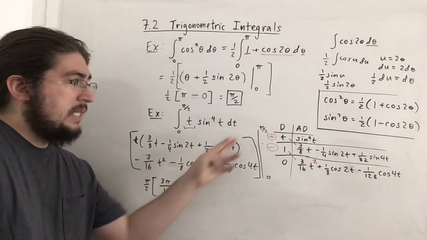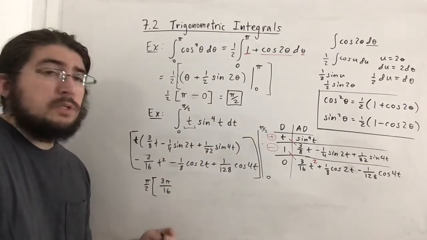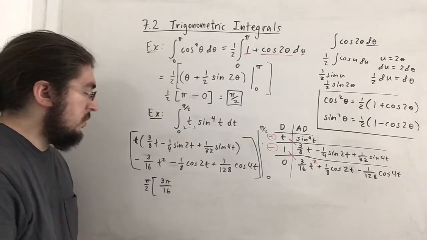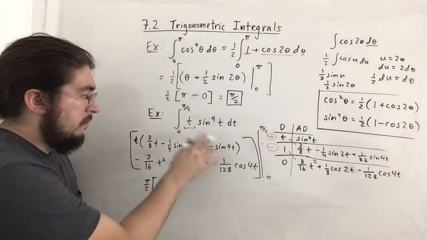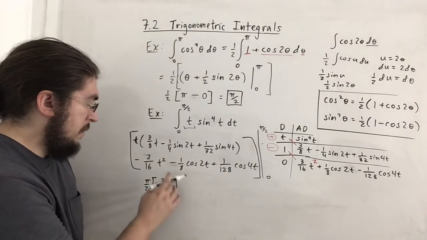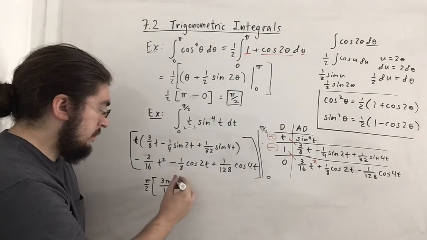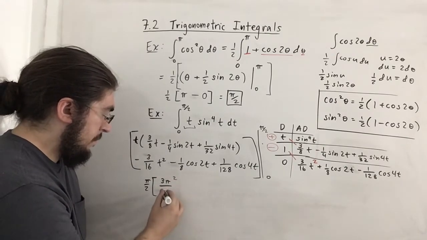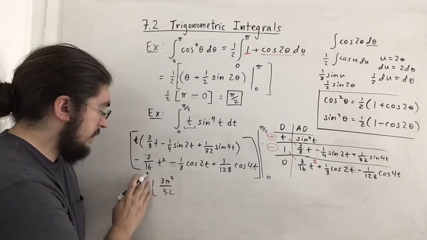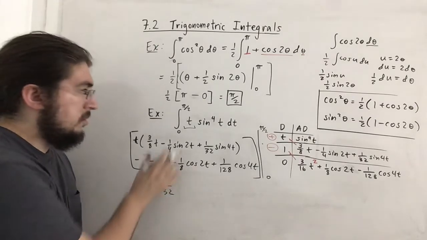Sine of 4t when t is pi over 2, similar story. 4 times pi over 2 is just 2 pi, sine of 2 pi is also 0. So the only surviving member for the first thing is just this, which we can write as 3 pi squared over 32. So this is really just from the first term here.